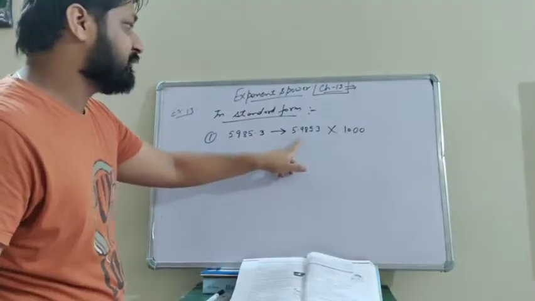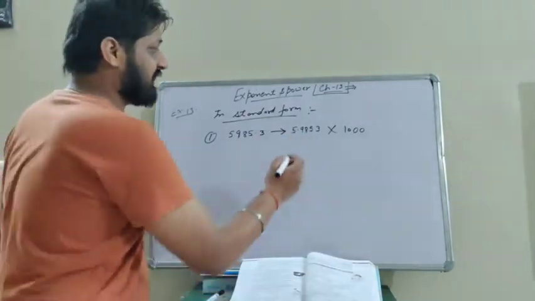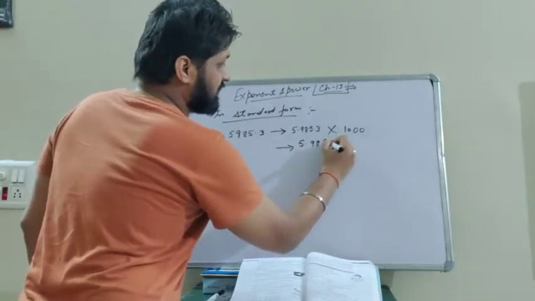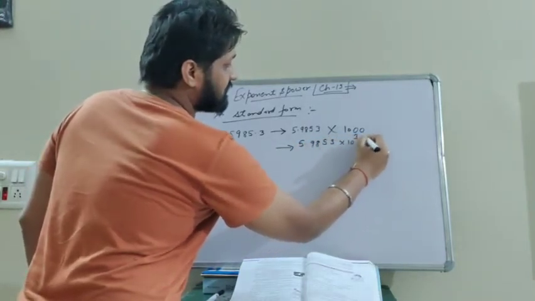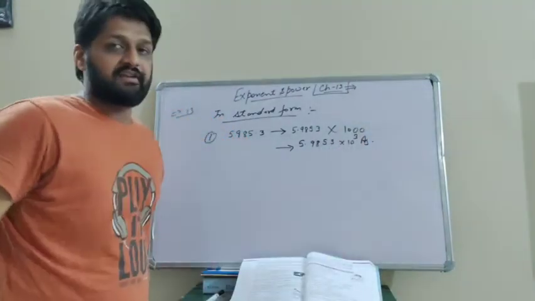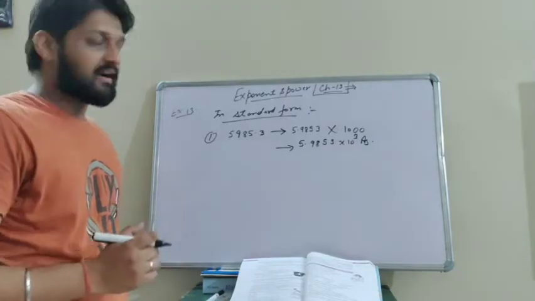So it will be written as 5.9853. Now we can write it in the standard form: 5.9853 multiplied by 10 raised to the power 3 is the answer. So 10 raised to the power 3 here is the exponential part.